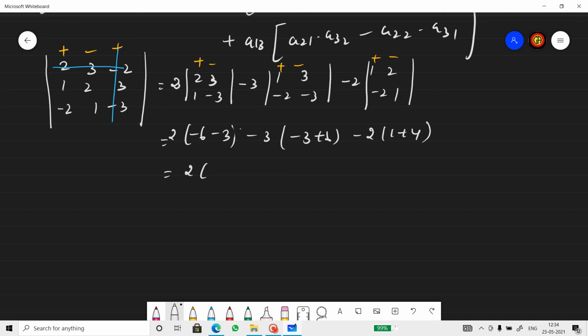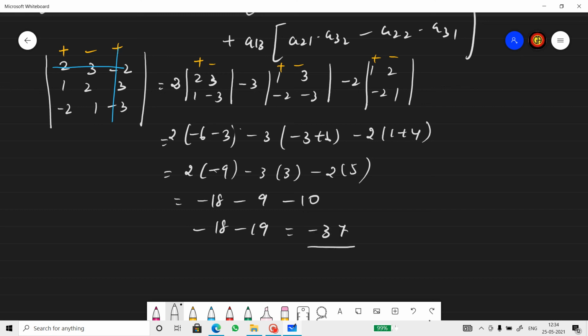So 2 into minus 9 minus 3 into 3 minus 2 into 5. Correct? So that means minus 18, minus 9 and minus 10. So minus 18, minus 19. So minus 37 is the determinant value.